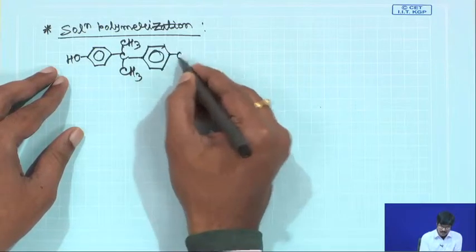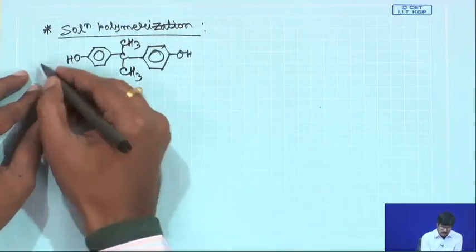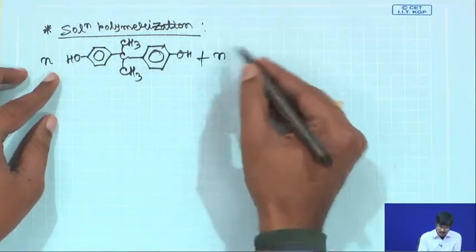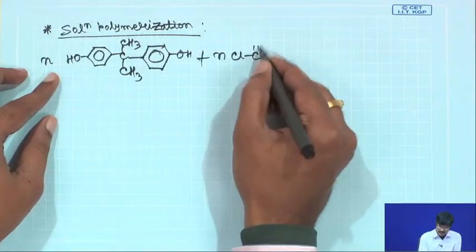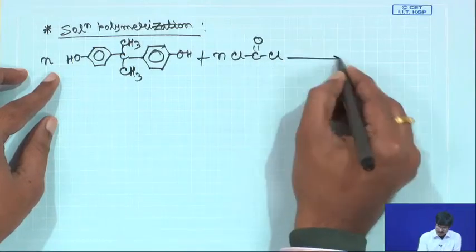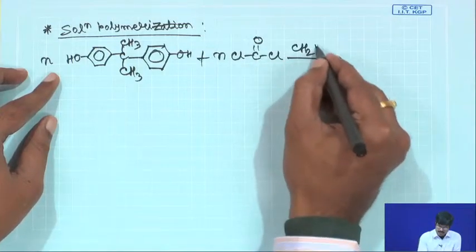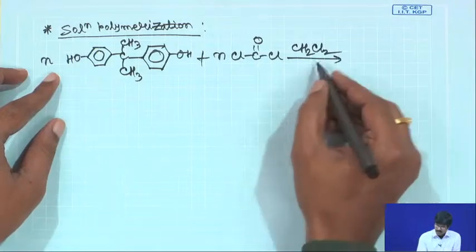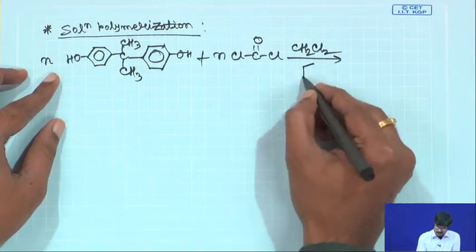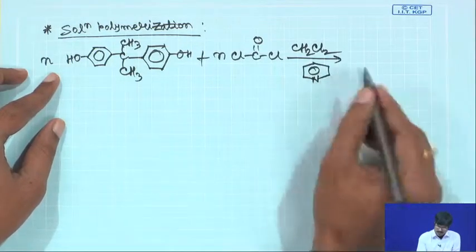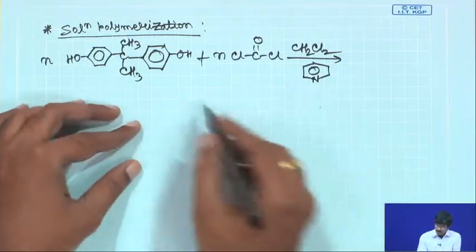This dissolves well in the organic solvent. So, you react this with what else but phosgene, in dichloromethane. So, you have this halogenated solvent and you use pyridine also. I will tell you why.